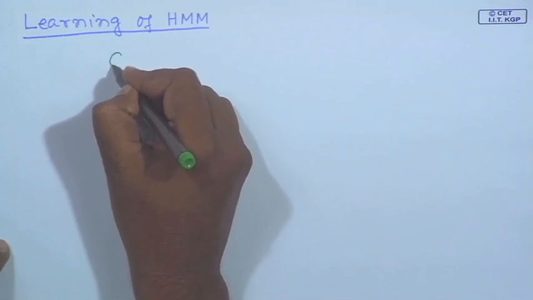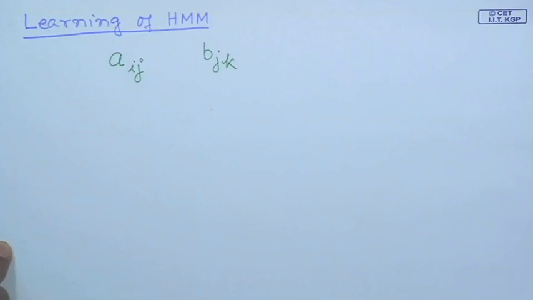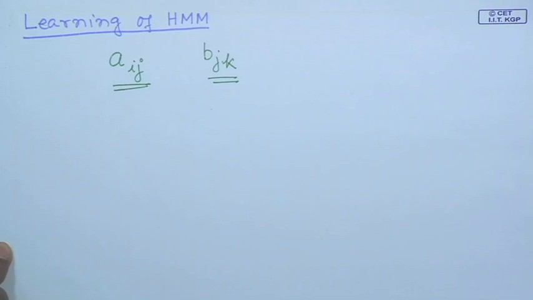By learning or training a hidden Markov model, we usually mean that we have to estimate the transition probabilities a_ij and b_jk. I know the hidden states and the visible states; what I have to estimate is a_ij and b_jk. These are the two parameters of the hidden Markov model which need to be estimated through the learning process.